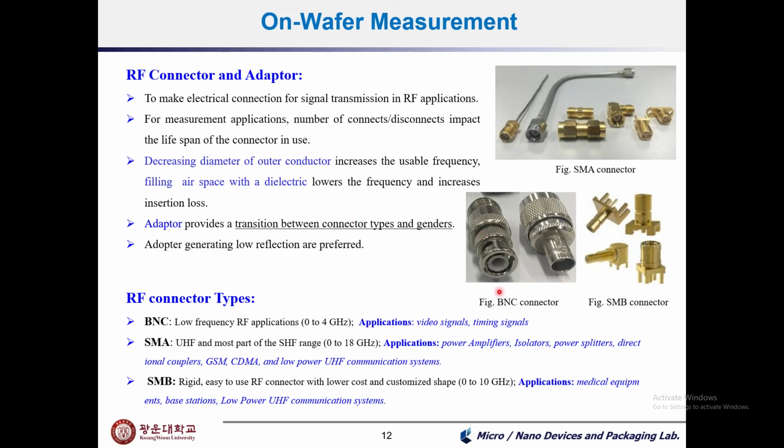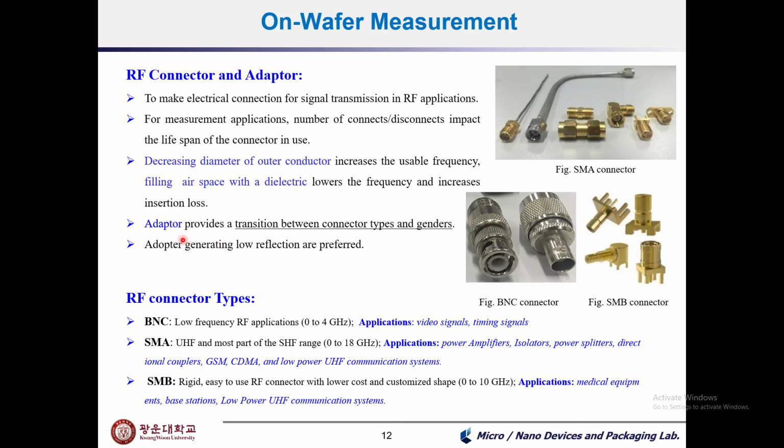There are three different types of RF connectors which are commonly used in RF applications. Those are the BNC, SMA and SMB connector types. Before discussing these connector types in detail, let's discuss the adapter.